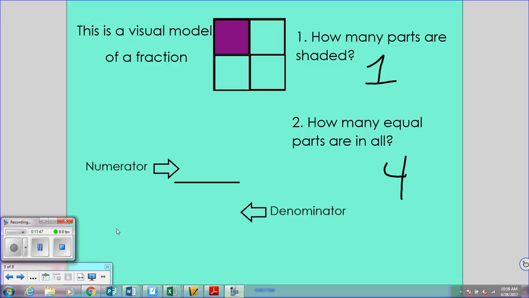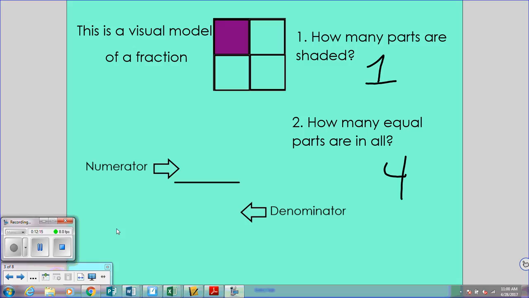All right, so let's go back to these two vocabulary words. We have the numerator, which is the number on top of our fraction. We have that fraction bar in the middle, which looks like what operation? It looks very similar to the division sign, but instead of dots, we have numbers.